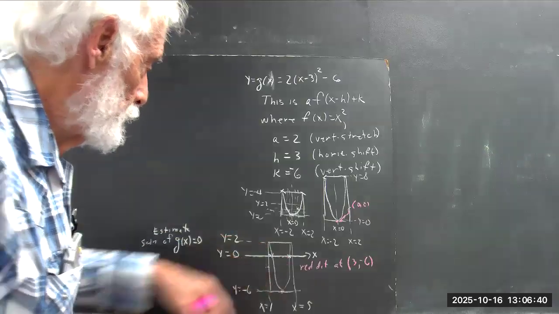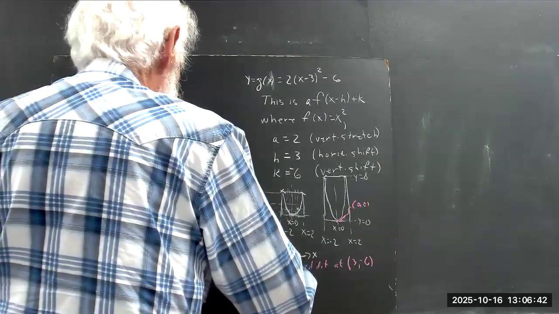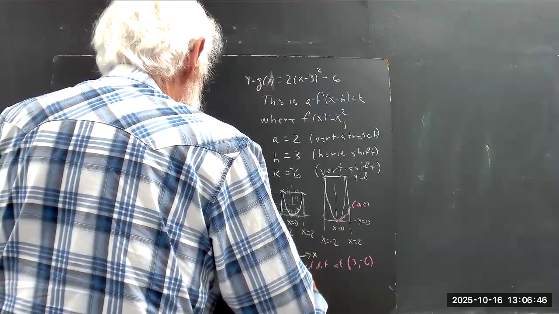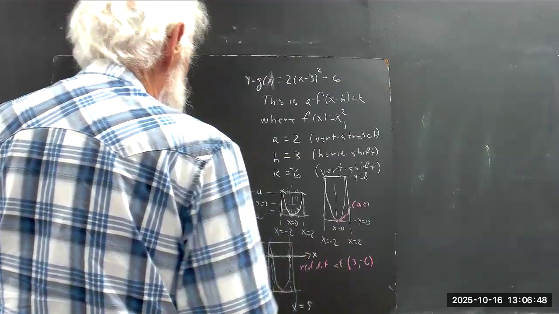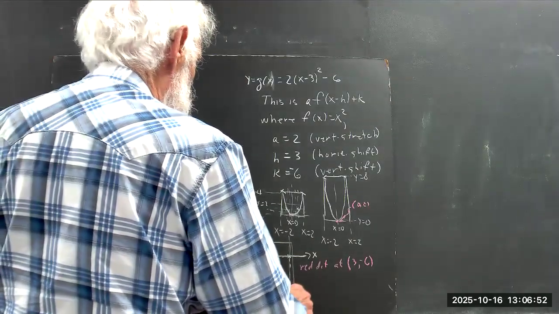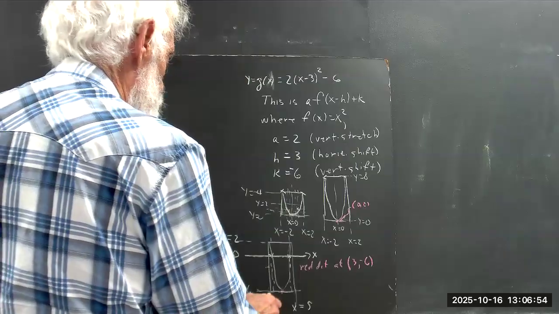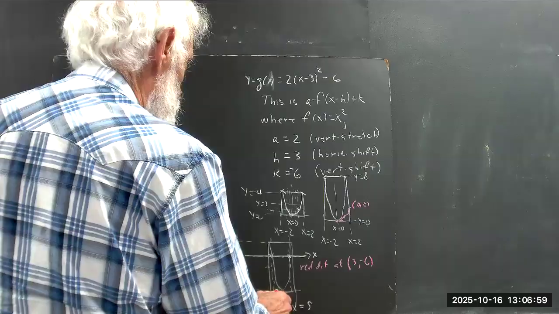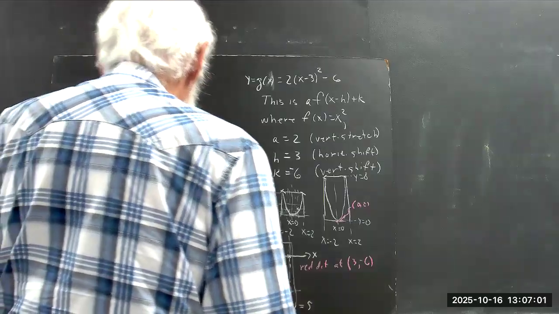G of x is 0 here, g of x is 0 here. Draw a vertical line down here, draw a vertical line down here. And we can estimate the x coordinate here and here. If this is 1 and this is 3, then 2 would be about here, so that's about 1/2.